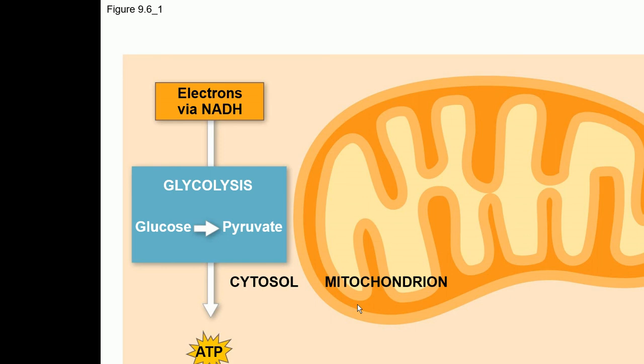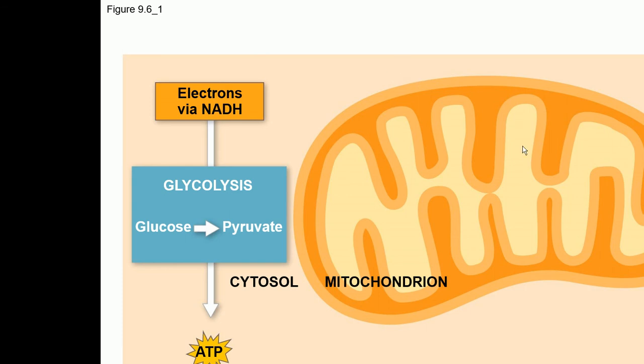I'm going to quickly talk to you about the different stages of cellular respiration, and before that, let me just review the structure of the cell. So this is the structure of the cell, this is the cytoplasm, and this is the mitochondria. This is the outer membrane of mitochondria, this is the inner membrane of mitochondria.